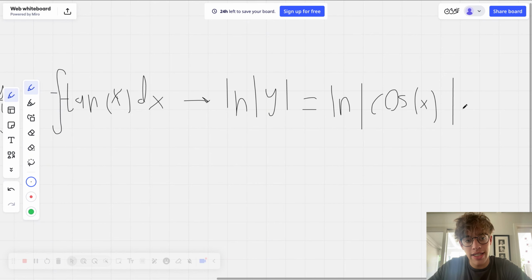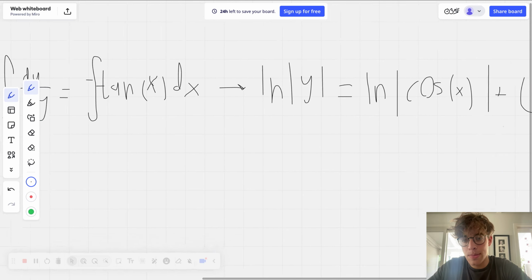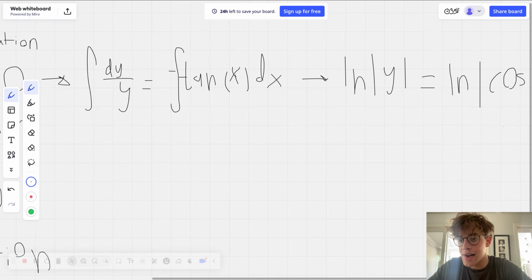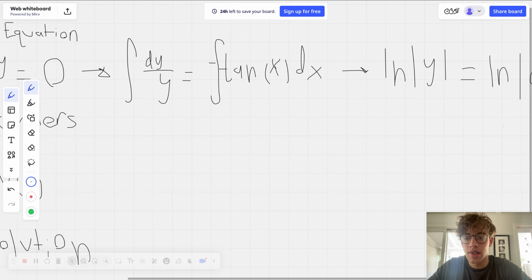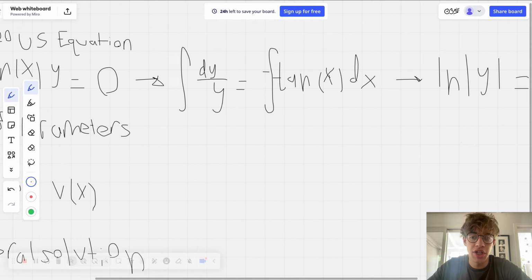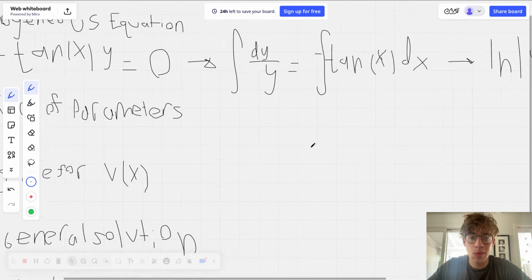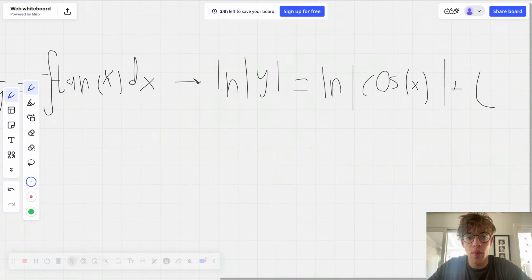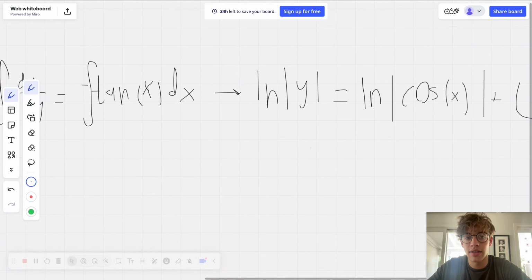All right, and then we have to add c. So now we get our integrating factor thing, or solutions like the homogeneous as y cosine x.